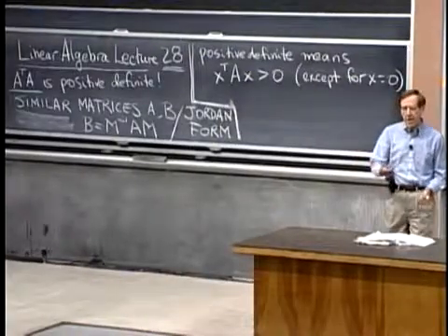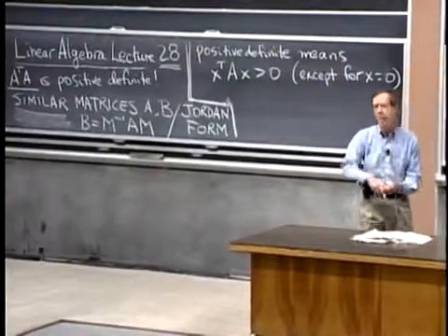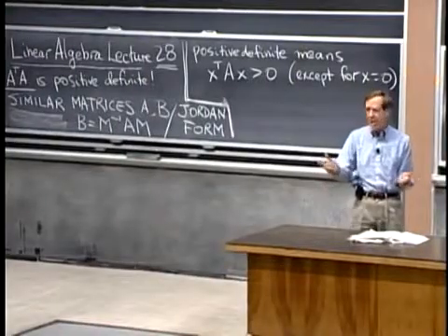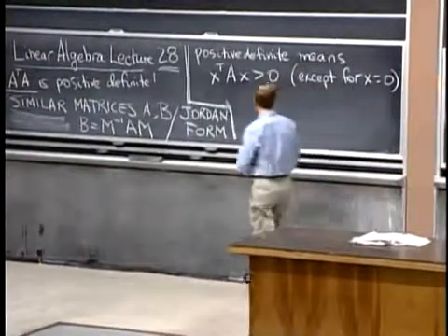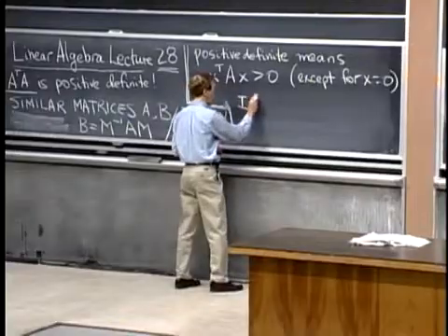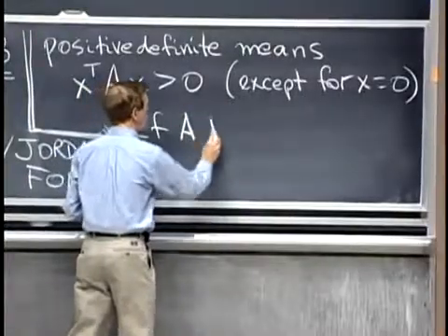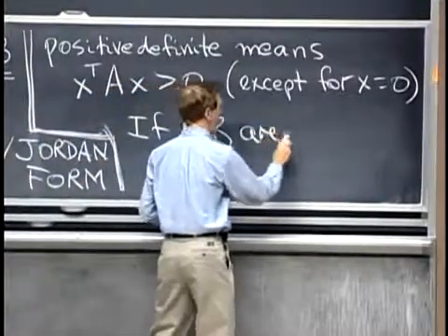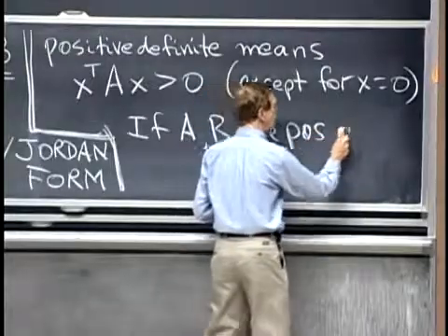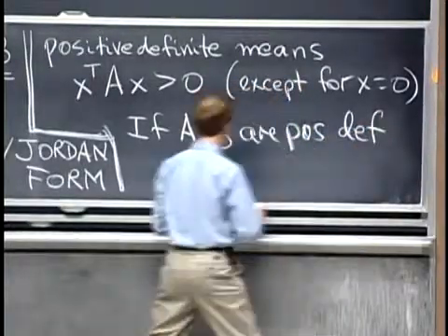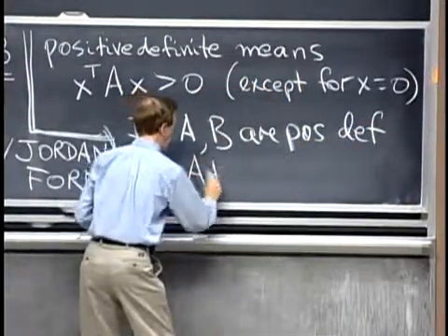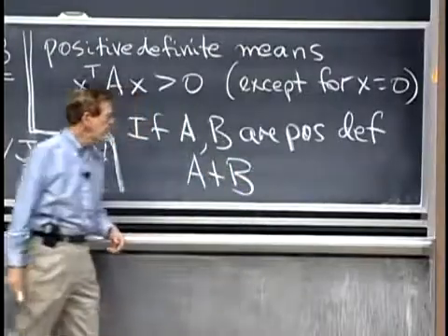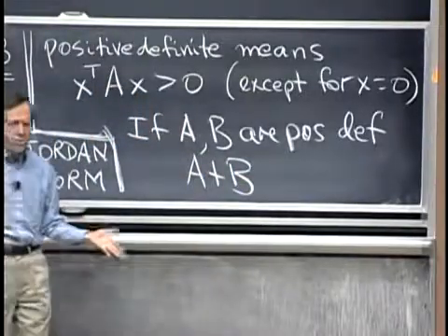What if I know that a matrix A and a matrix B are both positive definite? Let me ask you this. Suppose A and B are positive definite, what about A plus B? In some way, you hope that that would be true.